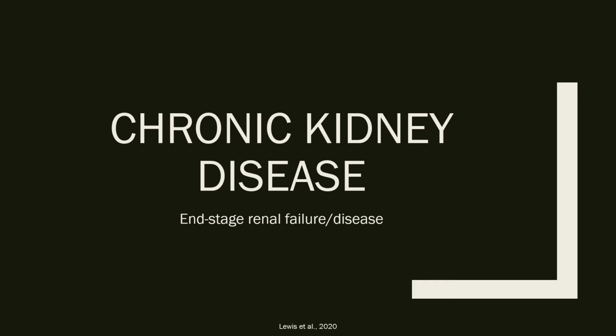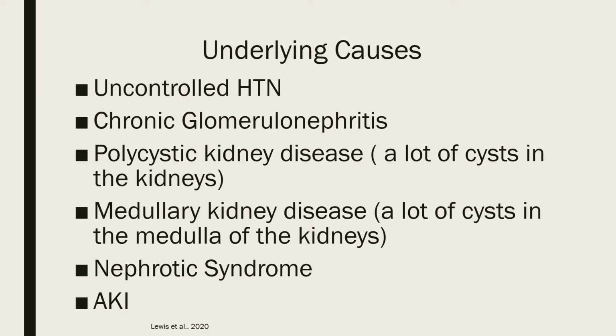Now, let's move on to chronic kidney disease, also known as end-stage renal failure. Earlier, I said that acute kidney injury has a recovery phase, and our goal is for our patient to recover. But if they do not recover, then they will develop this disease process.